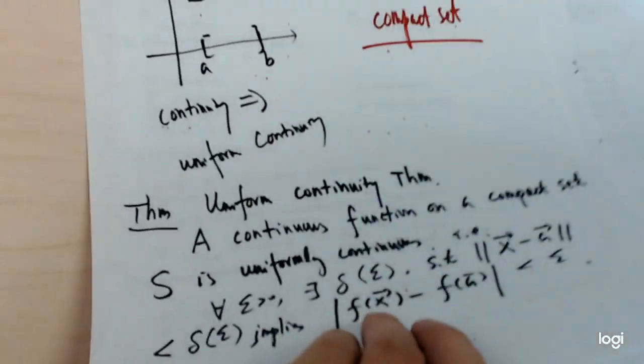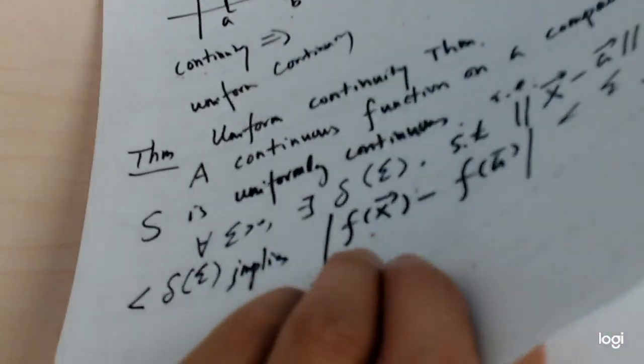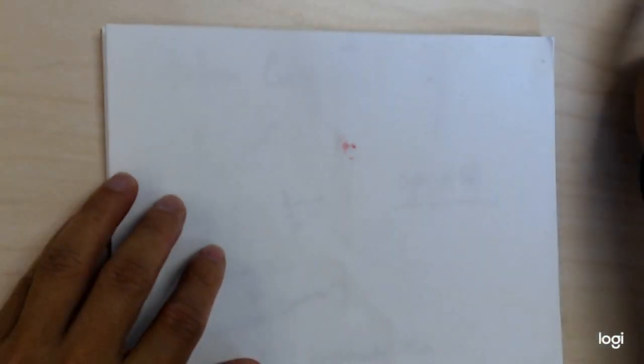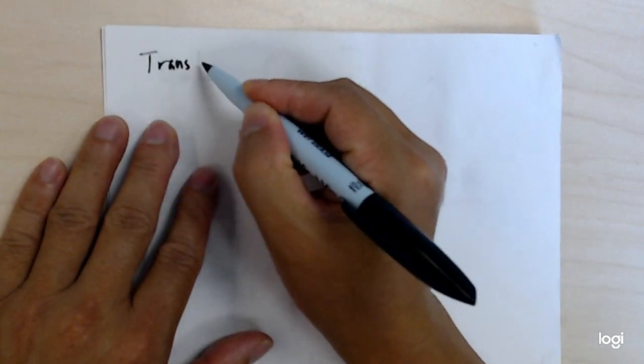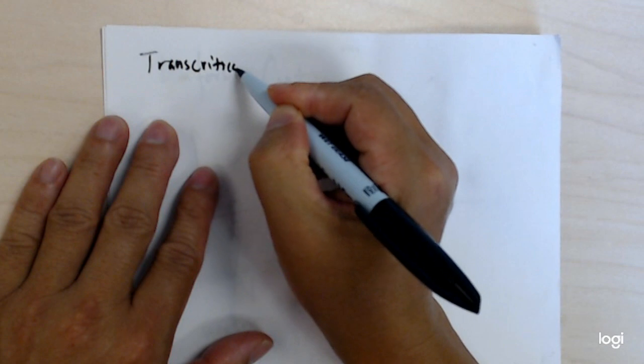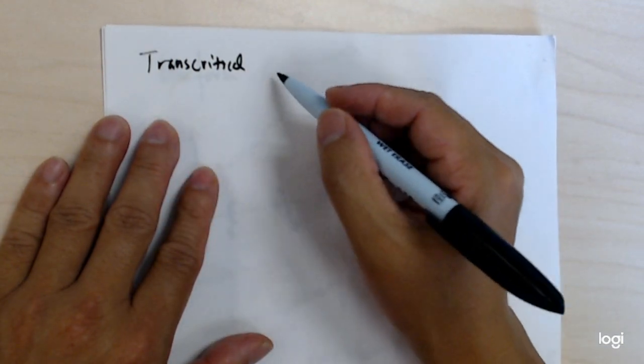And now I'm going to show you examples of transcritical and pitchfork bifurcation. Transcritical, that's where stability is exchanged.